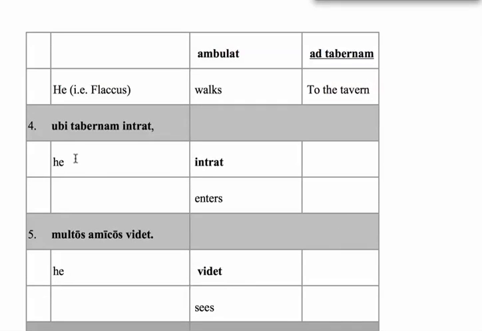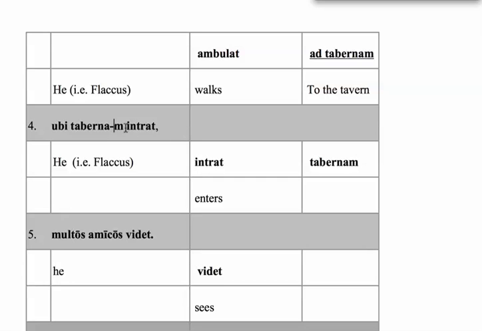In this case, we have the same subject, he, that is Flaccus. What he is doing, the verb, that is intrat, enters, and the direct object, in Latin, the accusative, is tabernam.